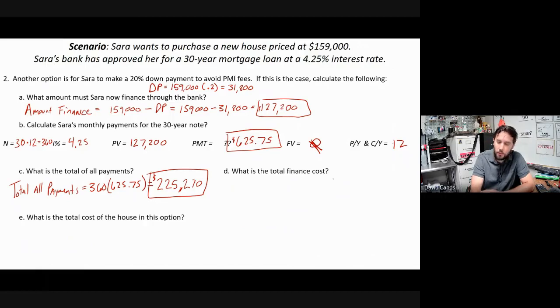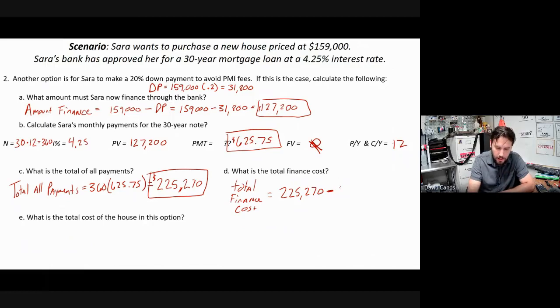So what is the total finance cost? To get the total finance cost, we take the total of all payments, $225,270, minus what they gave me.